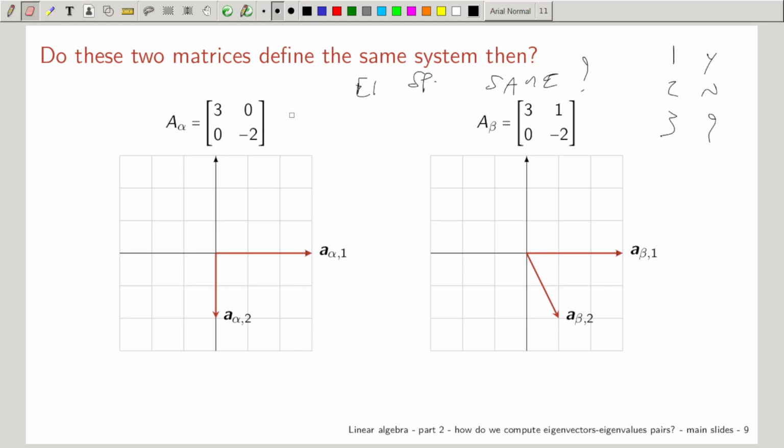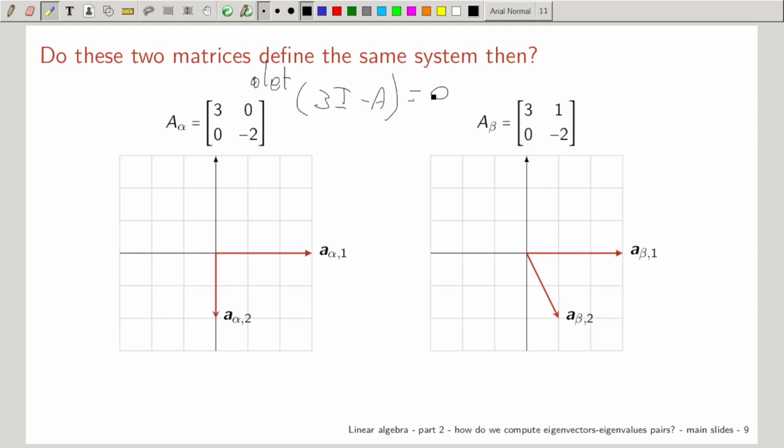So, why do we have 3 and 2 as my eigenvalues? We need to have 3I minus A, this one, that has determinant equal to 0, true. That means kernel of this stuff different from just the vector 0.